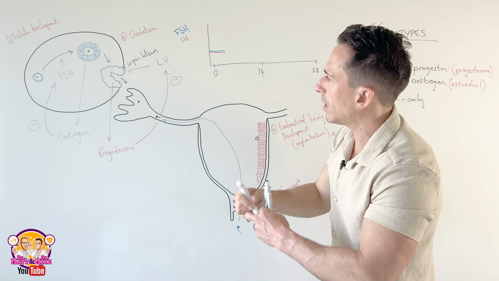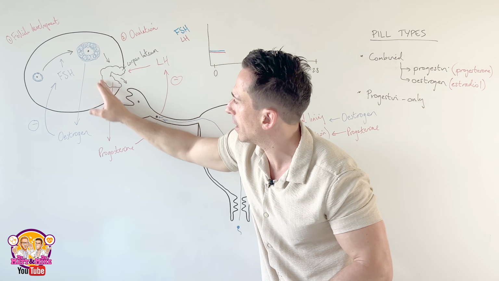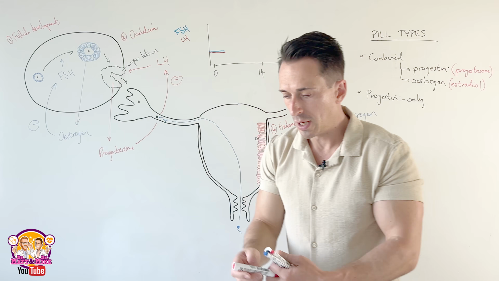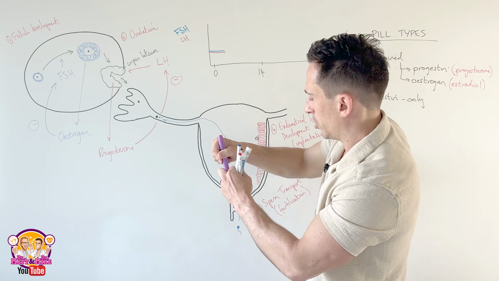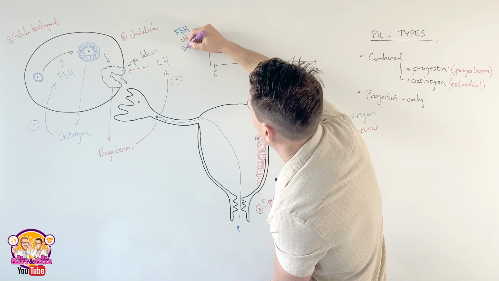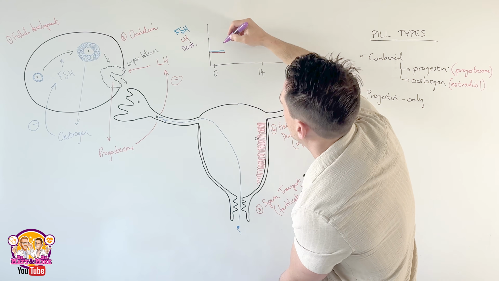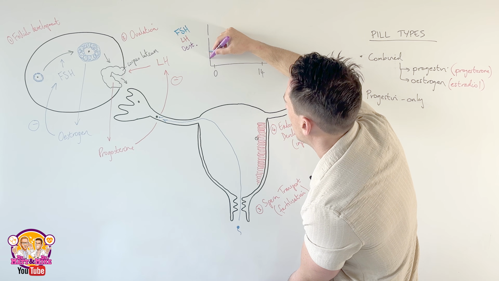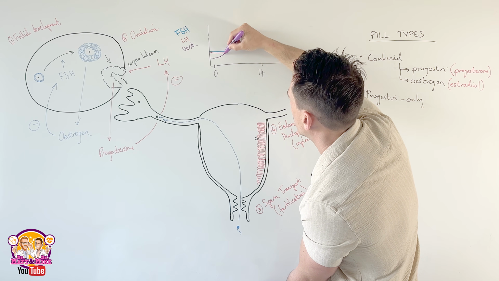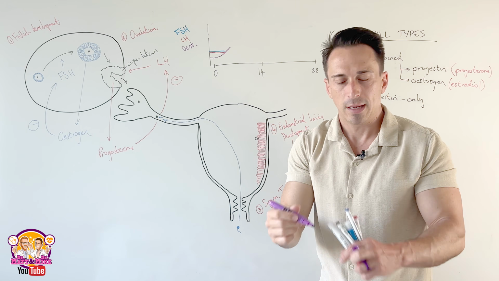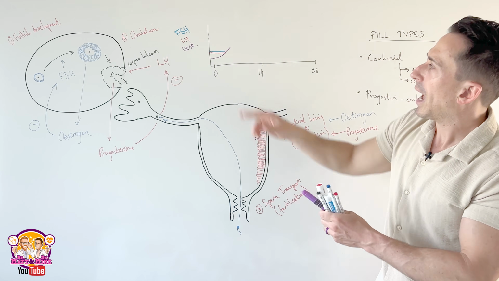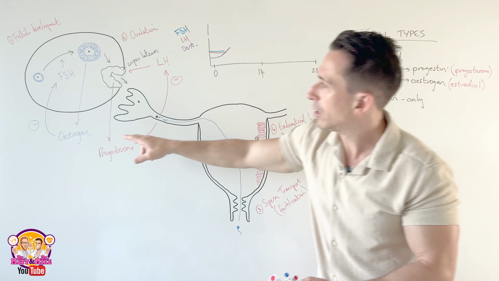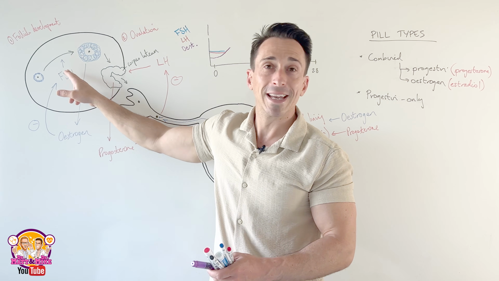All right, what did I say? FSH ultimately allows for estrogen to be produced. So let's now draw up estrogen. So we've got estrogen here, and estrogen is going to start low, but because of the FSH, the estrogen levels go up. Now, interestingly, as the estrogen levels go up, you get negative feedback.